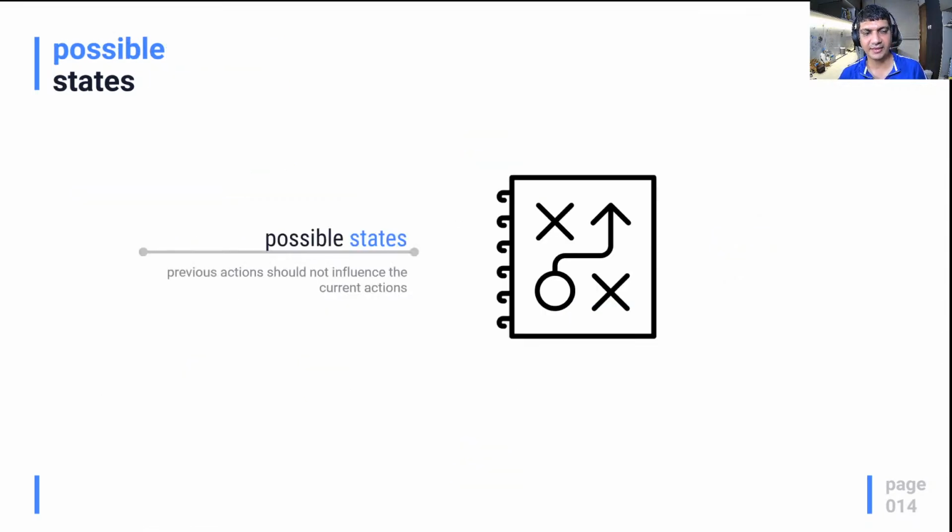The second assumption that we are going to make is that whatever action we are taking right now is not influenced by the previous action, right? So each step that we take is independent of whatever actions have happened before. Let's say you have three machines that you are playing with, machine A, machine B, and machine C. Every time we pull an arm, let's say we pick machine C, that's what we are going to continue with.